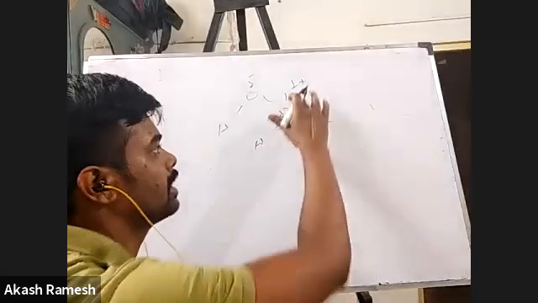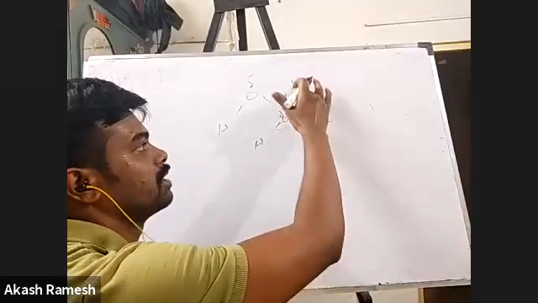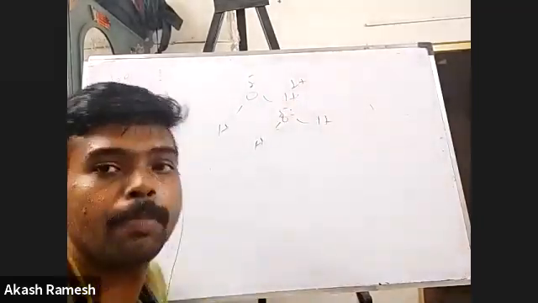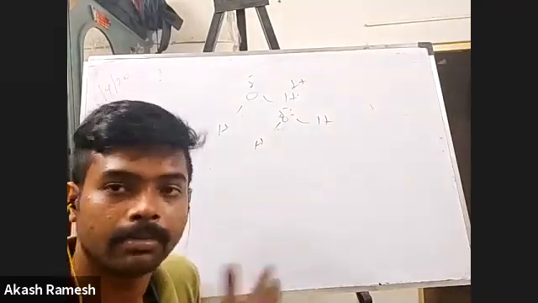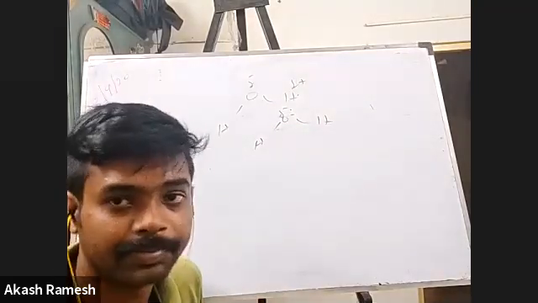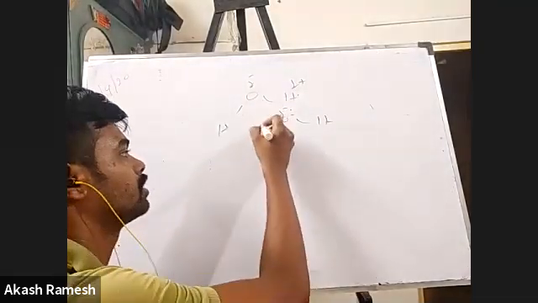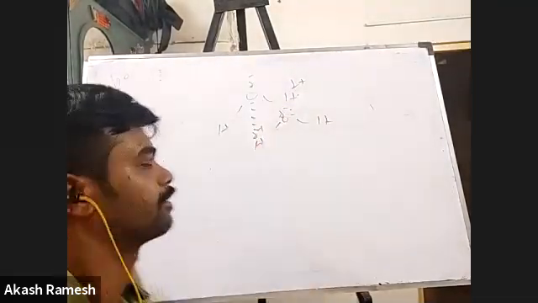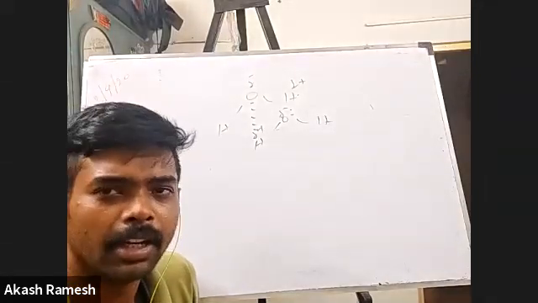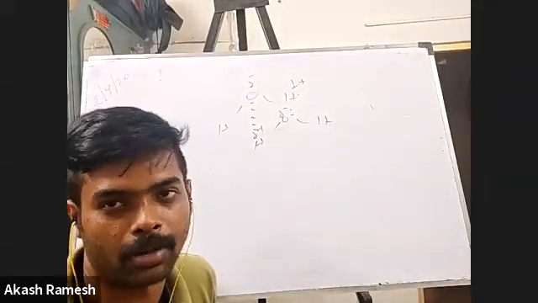Or you can say that the interaction is between this del positive and the lone pair on oxygen. Either way, a lone pair is a negative charge. So this is my hydrogen bonding, between this del positive and this oxygen.